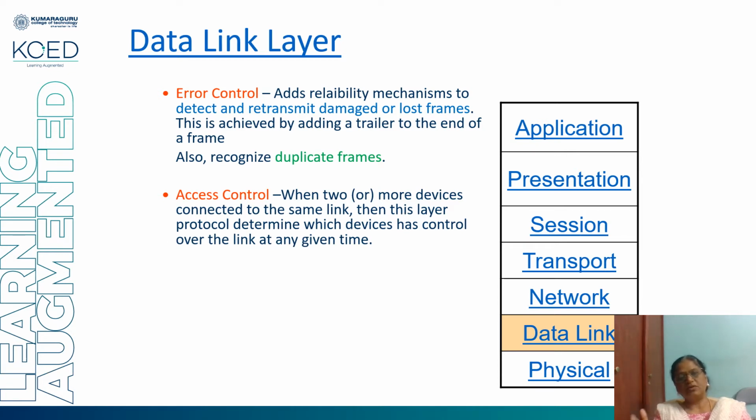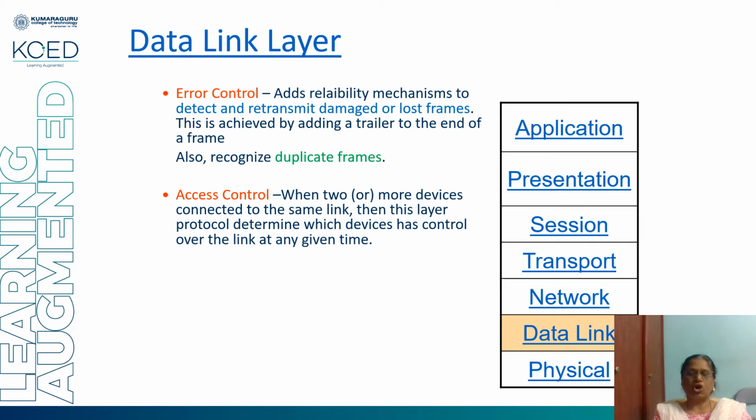Suppose the sender waits until the timer expires and resends the data. But due to some reason, the receiver had already received the data and has sent the acknowledgement, but the acknowledgement has been missed during transmission or arrives late at the sender side.